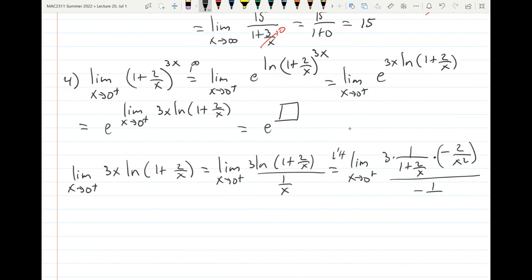Then here in the denominator, this is negative 1 over x squared. This is very similar to the one above. The minuses cancel out. These x squareds cancel out. So we end up with limit as x approaches 0 from the right of 6 over 1 plus 2 over x.